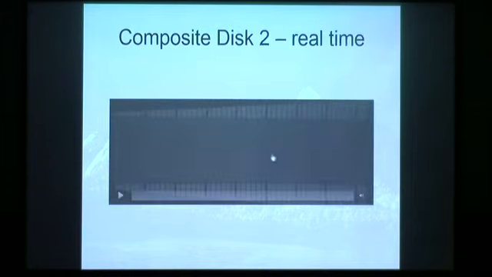All right, composite disk 2, real time. I think that was pretty obvious what happened. I'll show it again. And now in slow motion. So it stopped, and it's spinning to rest.